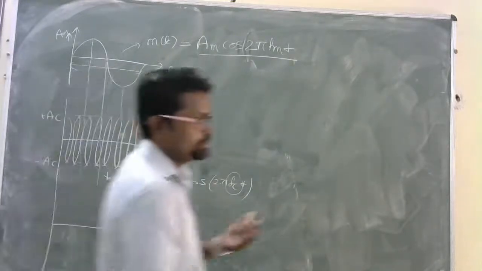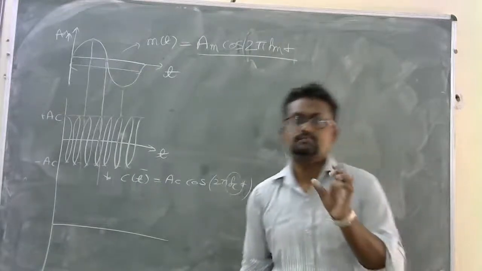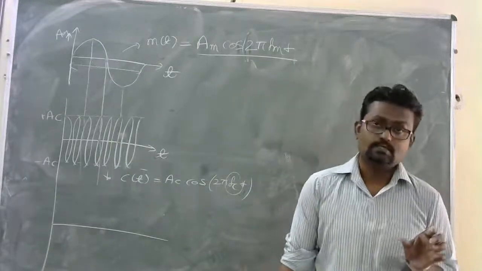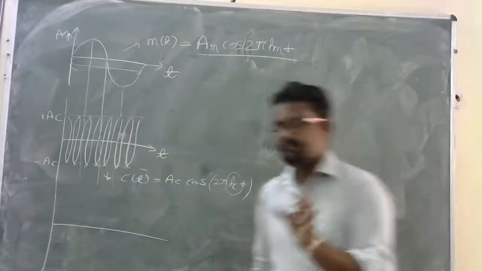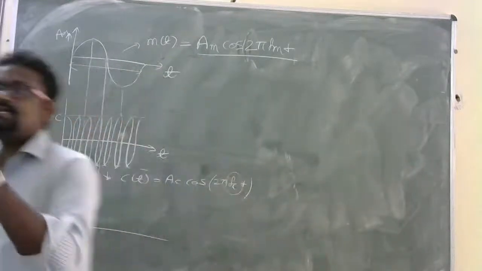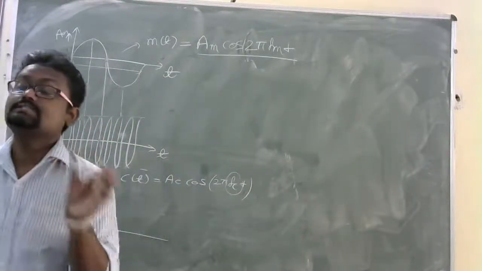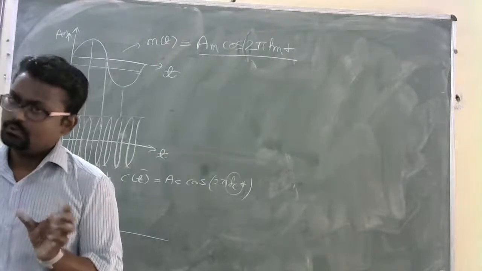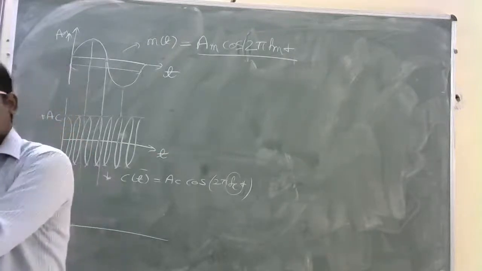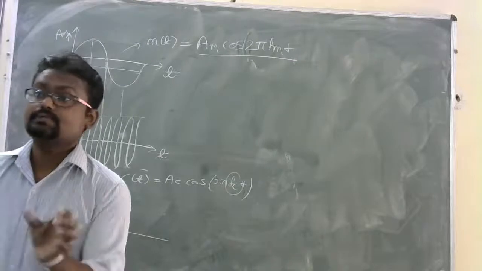So after modulation, the new value of the carrier frequency is always known as the instantaneous frequency. Is it clear? And the difference between the instantaneous frequency and the carrier frequency is known as frequency deviation.